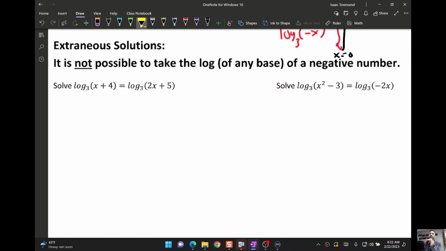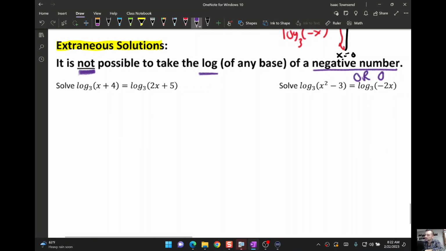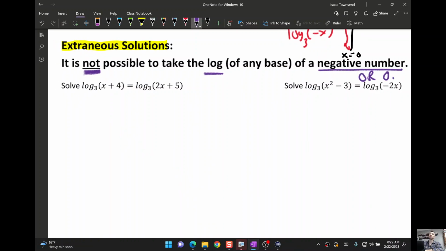But you do need to be aware that with logarithms, sometimes you have extraneous solutions. So it's okay to have a negative answer, it's okay to have a 0 answer, but it's not possible to take the log of a negative number or 0. I don't know why that's not typed out, but you need to write that in. You can't take the log of a negative number, you can't take the log of 0.